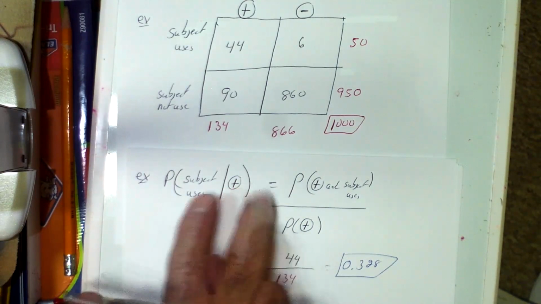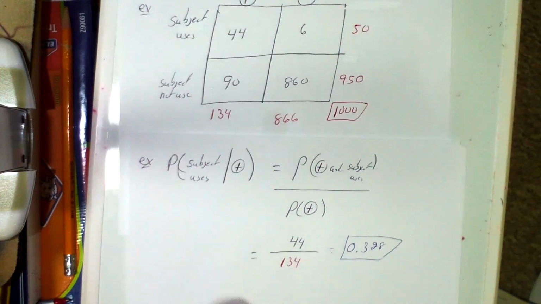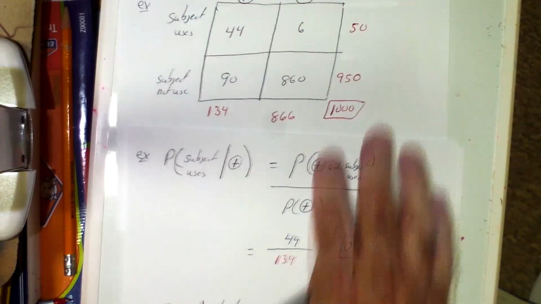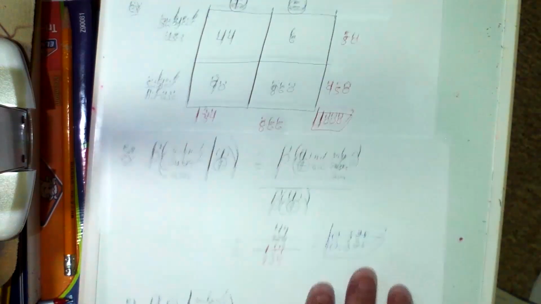It's got to be from two different categories. So let's do probability of negative given subject not used.